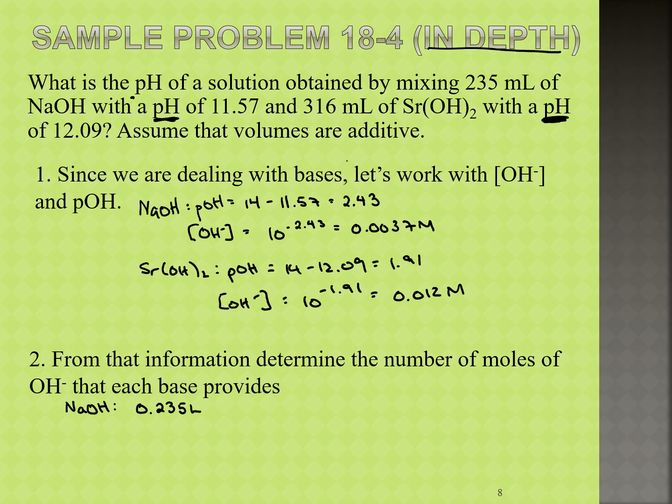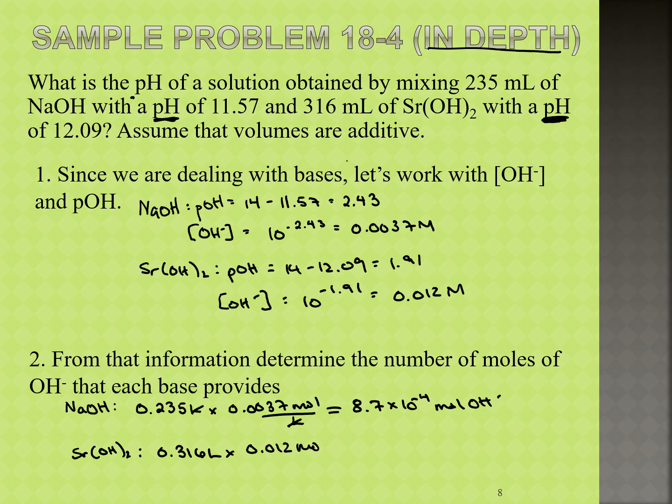Then we multiply that by the molarity, 0.0037 moles per liter, and that is equal to 8.7 times 10 to the minus 4th moles of hydroxide. Now we're going to do the same thing for our strontium hydroxide. In that case, we have 0.316 liters and 0.012 moles per liter.